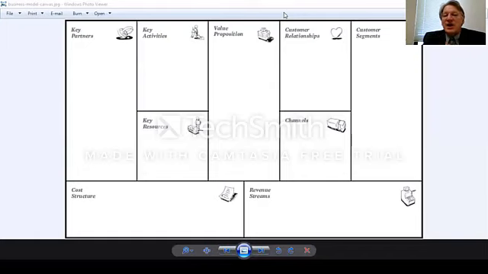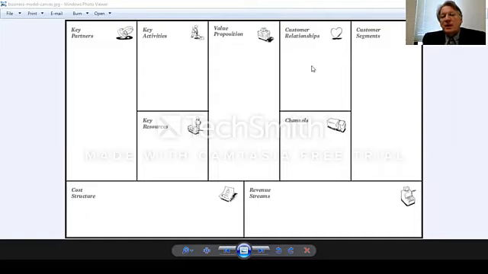It may not be the same value proposition for each customer segment. It's very possible that every segment you are addressing may have a different value proposition or combination of values that you are including in your good or service.